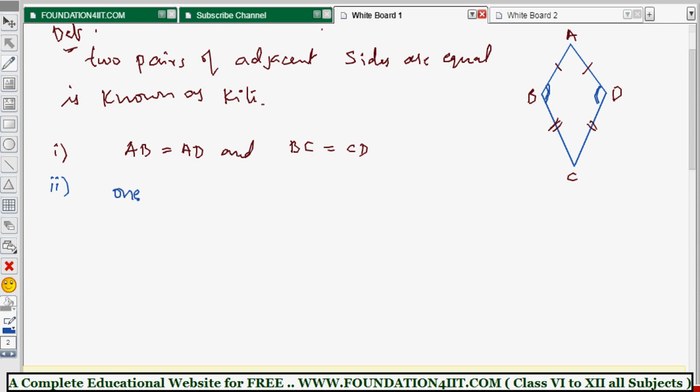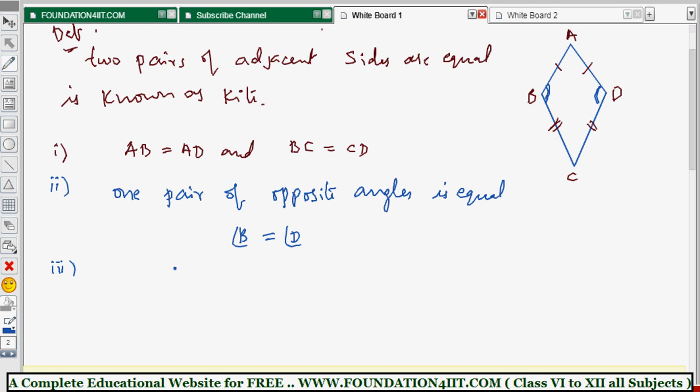So one pair of opposite angles is equal: angle B is equal to angle D. Only one pair, so don't get confused about this. Not both pairs of opposite angles. That's different. Now with the kite, only one pair of opposite angles is equal.